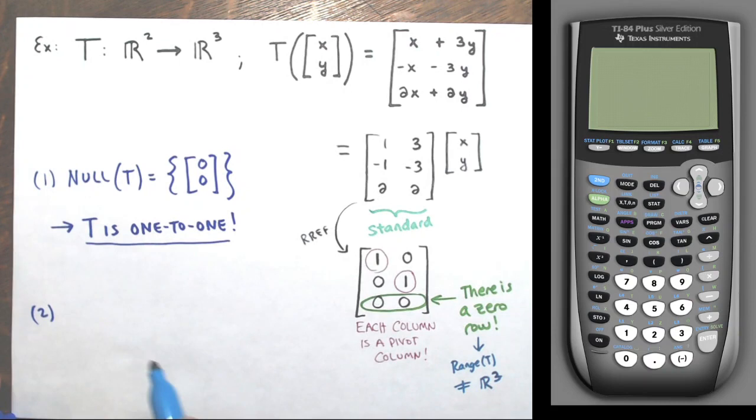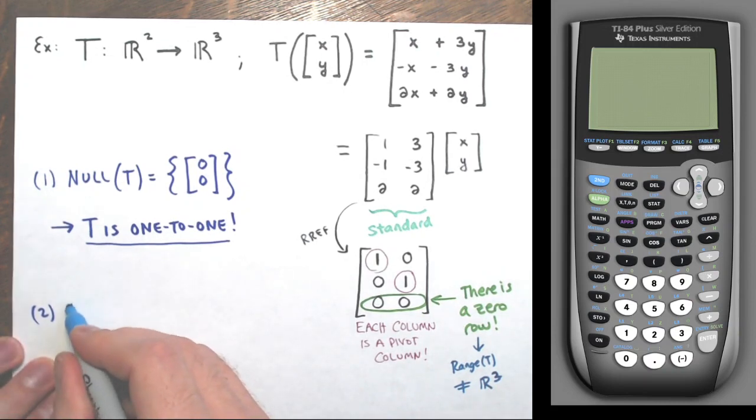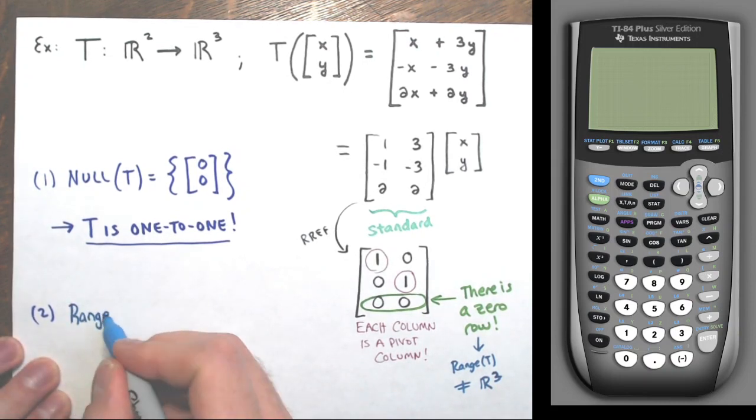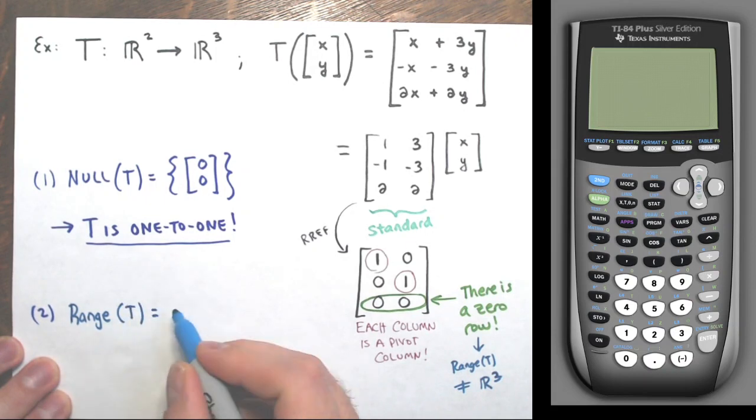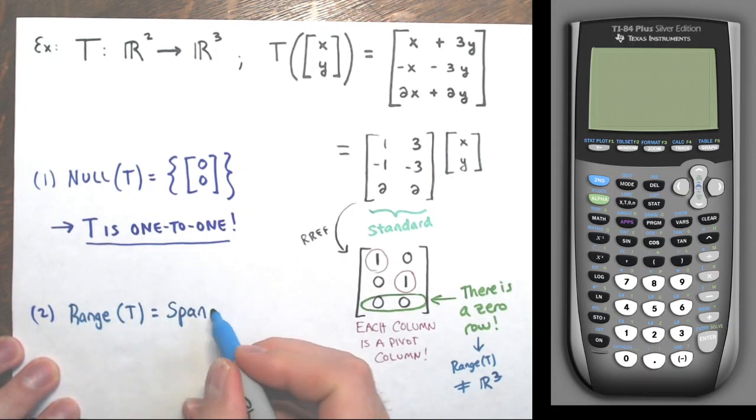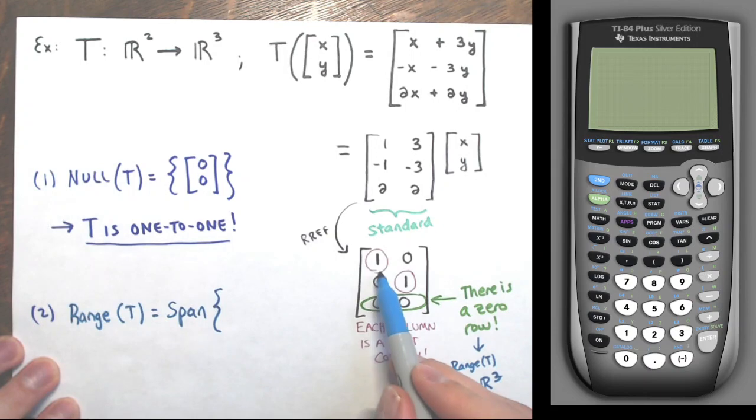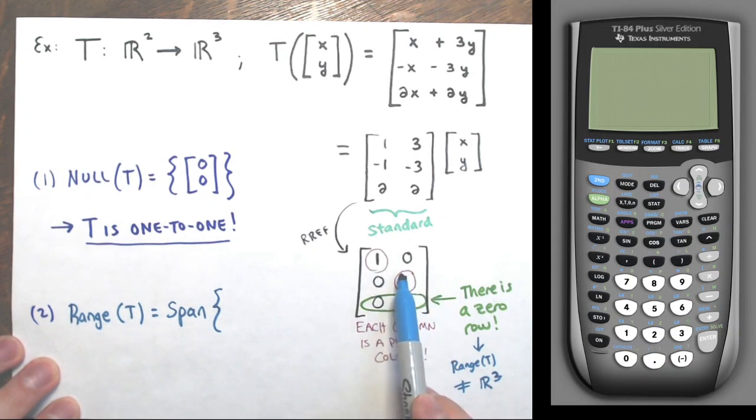Right. Now, what will be the range of the transformation? Again, that's pretty simple. The range of the transformation will be the span of the set of vectors that correspond to the pivot columns. And you know, both columns are pivot columns.